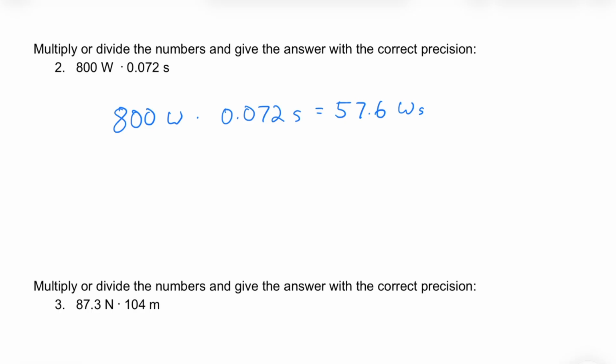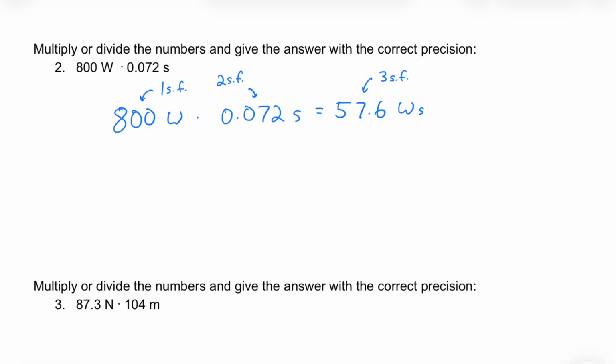So again, in that number, as the calculator gave it to us, we have 3 significant figures. However, our original numbers, 800 watts, only had 1 sig fig, and 0.072 had 2 sig figs. So just like last problem, if we follow the calculator, we end up with more significant figures in our answer than we had in either of our measurements.